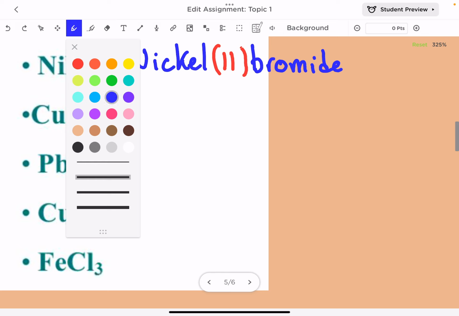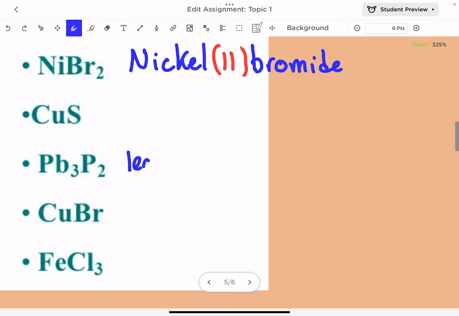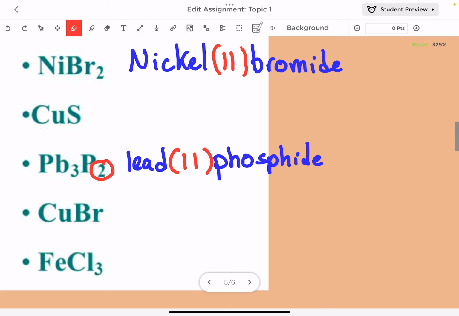Again, I have here another example with lead. And lead, of course, has more than one oxidation state. So this is lead phosphide. And the charge of lead, I can guess it by looking at the number subscript written next to the element near lead. So here there's number 2, so I'm going to write lead 2.